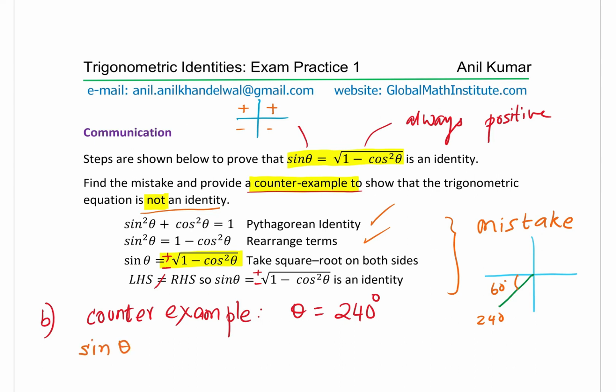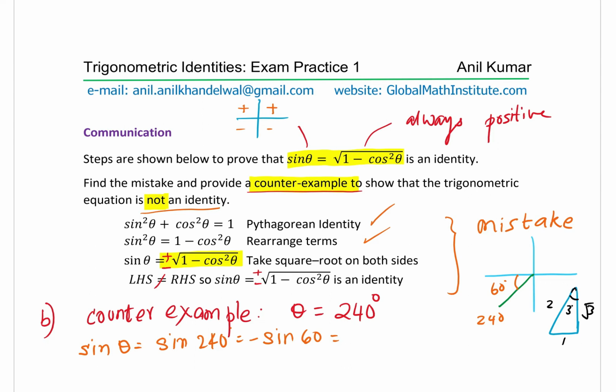So what we get here is that sine theta will be sine of 240 degrees, which is same as minus sine of 60 degrees. And sine of 60 degrees is, you can make your special triangle. Sometimes calculator is not allowed, so I'm just doing this without calculator. Okay.